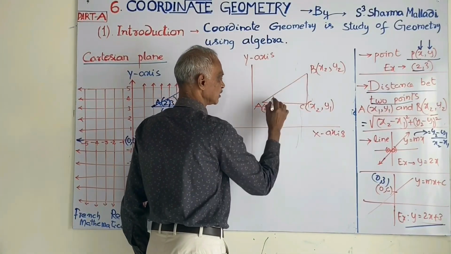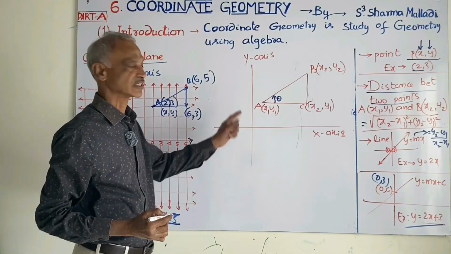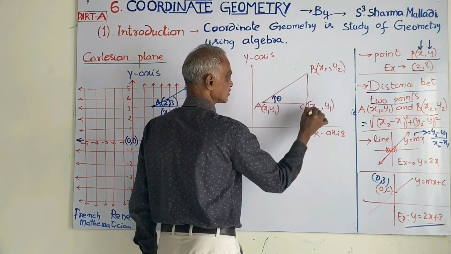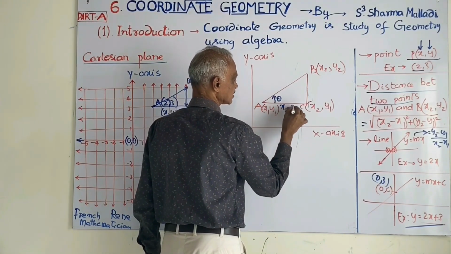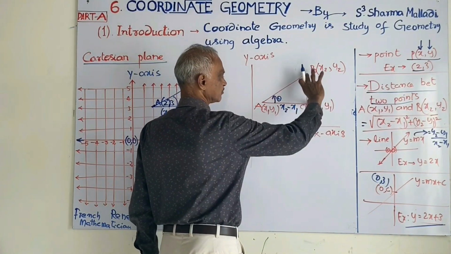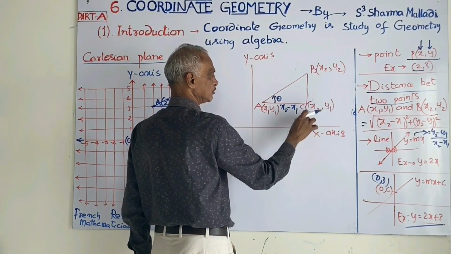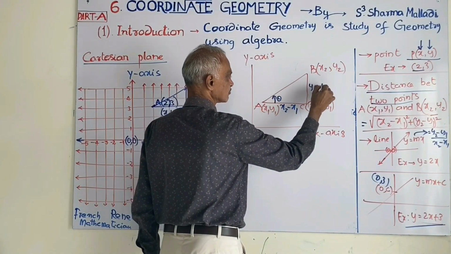This line is making an angle theta with the positive direction of the x-axis in the anti-clockwise direction. The distance between these 2 points is x2 minus x1, and y2 minus y1. This distance is y2 and this distance will be y1, so this distance will be y2 minus y1.